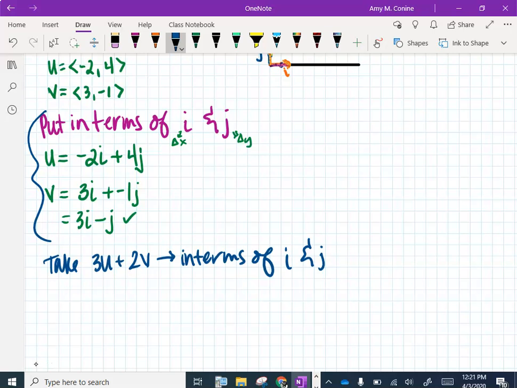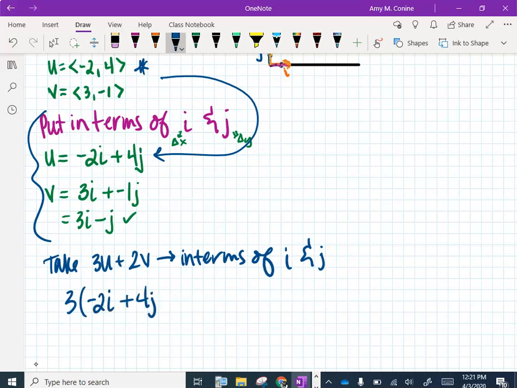I've already put my vector u in terms of i and j right here. So I'm going to take my 3, which is my scalar, and multiply that by the addition problem above with the i and j, because we've already converted it to i and j.